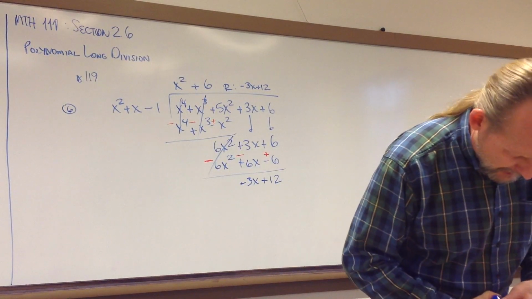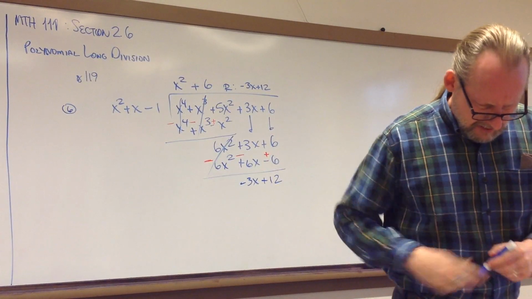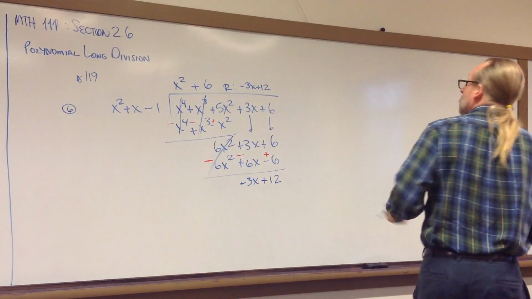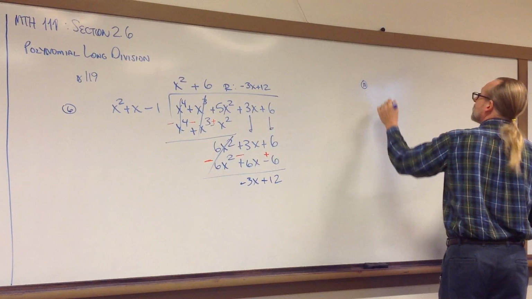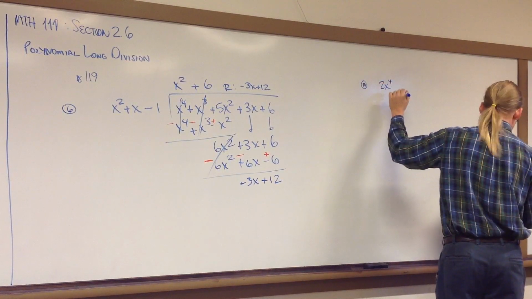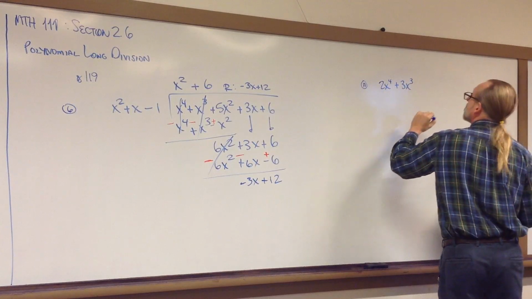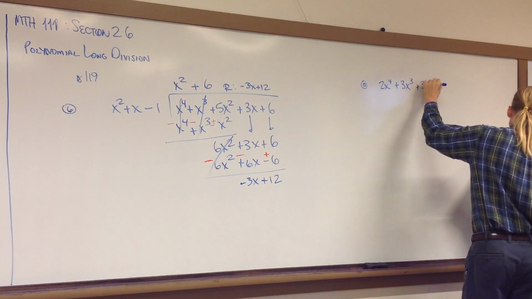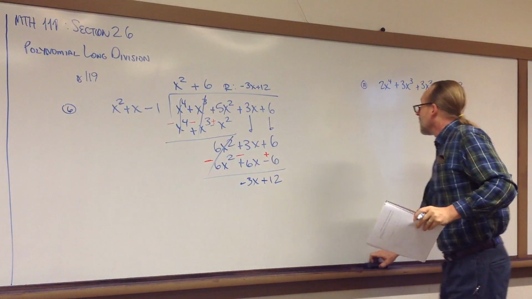Okay, let's look at problem 10. In problem 10, we have 2x to the 4th plus 3x to the 3rd plus 3x squared minus 5x minus 3.